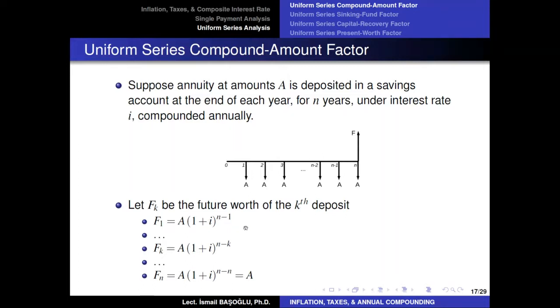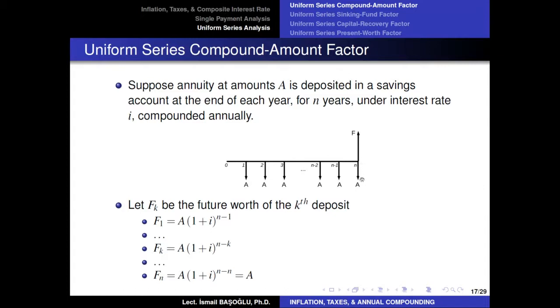Because it is going to be kept in the account for n-2 years. Any installment that is made at the end of year K, which is called our Kth deposit, is going to be kept in the account for n-K more years until it matures, and the future value of the Kth installment would be A times (1+i)^(n-K).